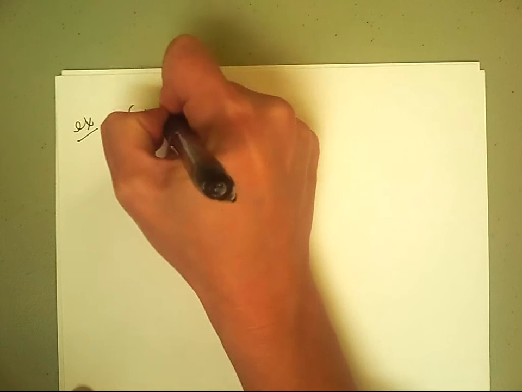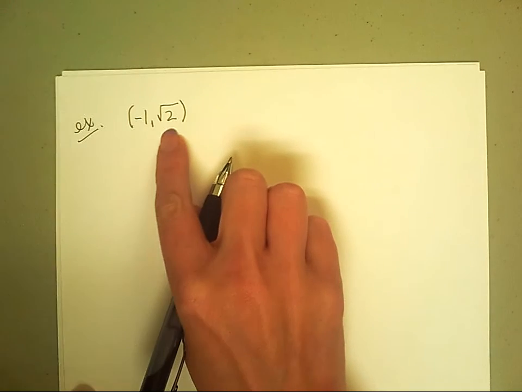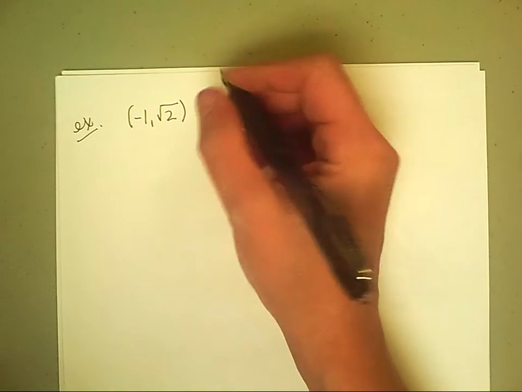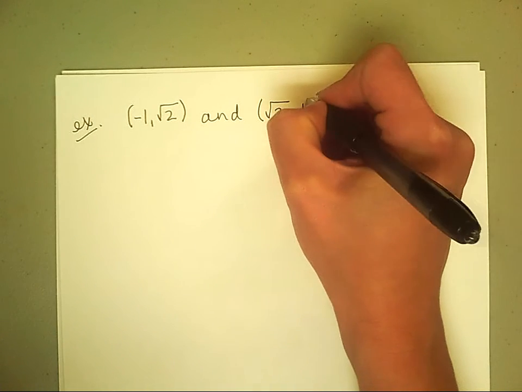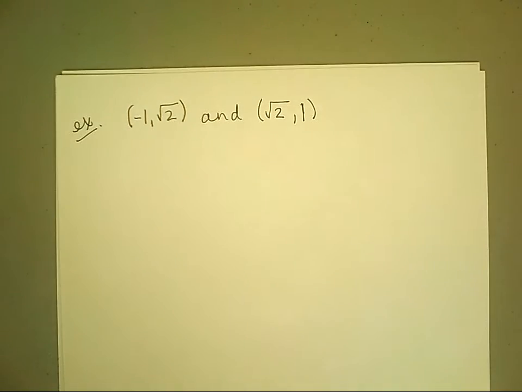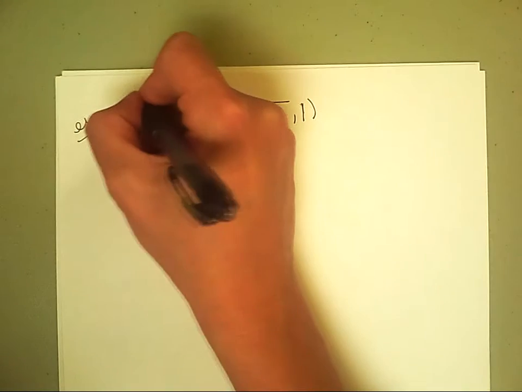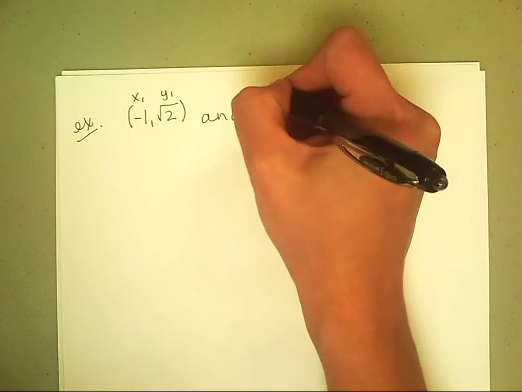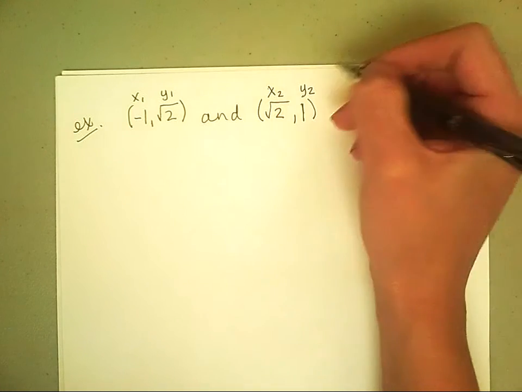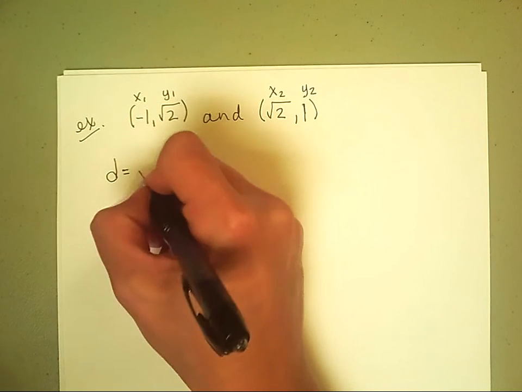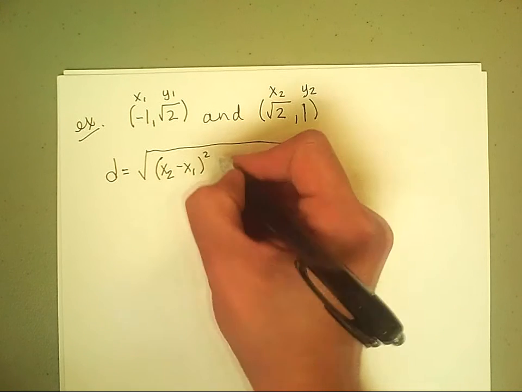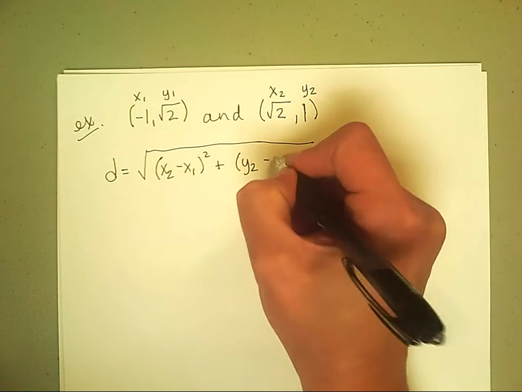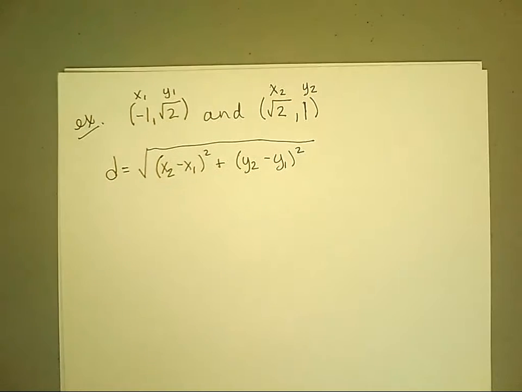Now, for example, we could have ordered pairs (-1, square root of 2) and (square root of 2, 1). That's fine. This is an irrational number, but even irrational numbers are on the number line. Let's label it x1, y1, x2, y2. So now distance is equal to the square root of (x2 minus x1) squared plus (y2 minus y1) squared.